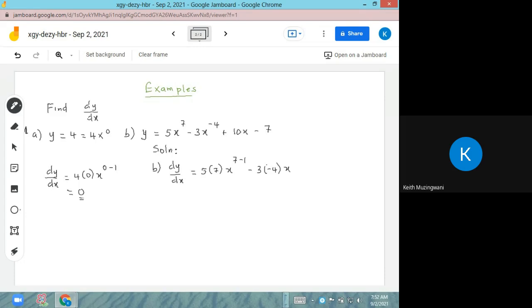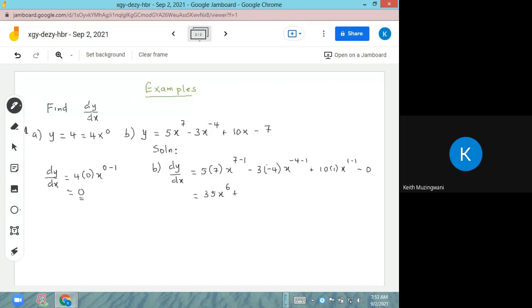x to the power negative 4 minus 1, plus 10 times 1, x to the power 1 minus 1, and then minus 0, the derivative of 7. 5 times 7, we get 35 x to the power 6.